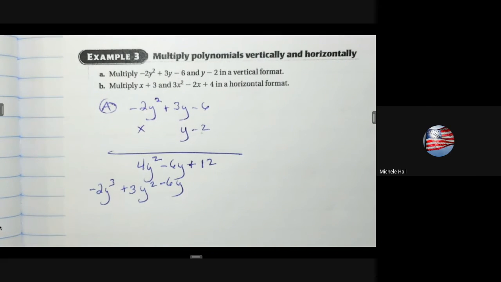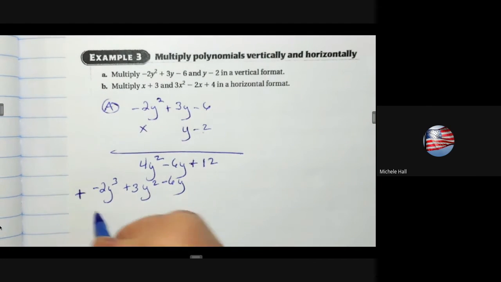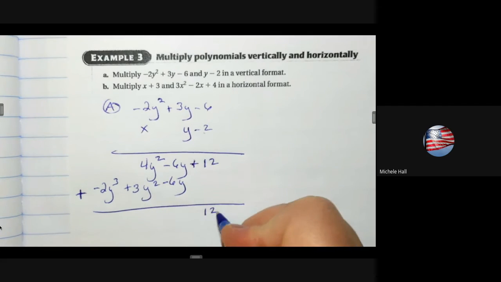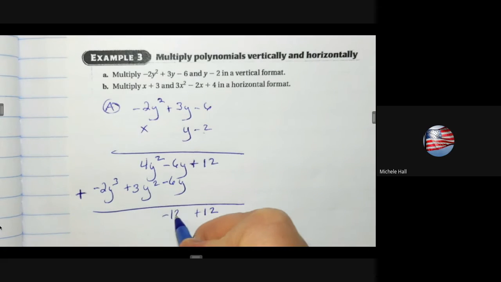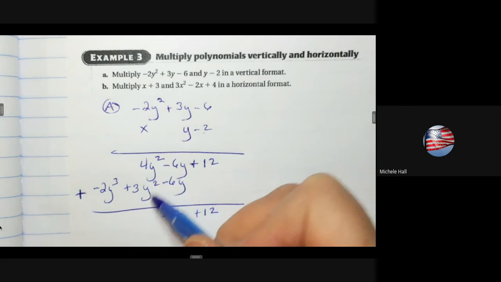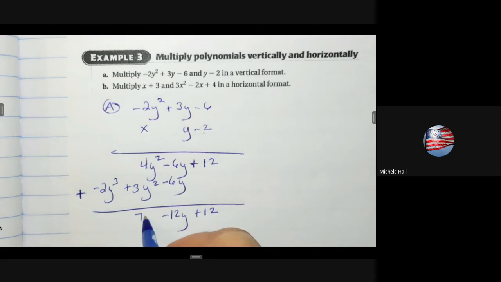As you do when you're multiplying, you are going to add up what you have here. 12, negative 6 is negative 12y. 4y squared and 3y squared is 7y squared. And then we have a negative 2y cubed.